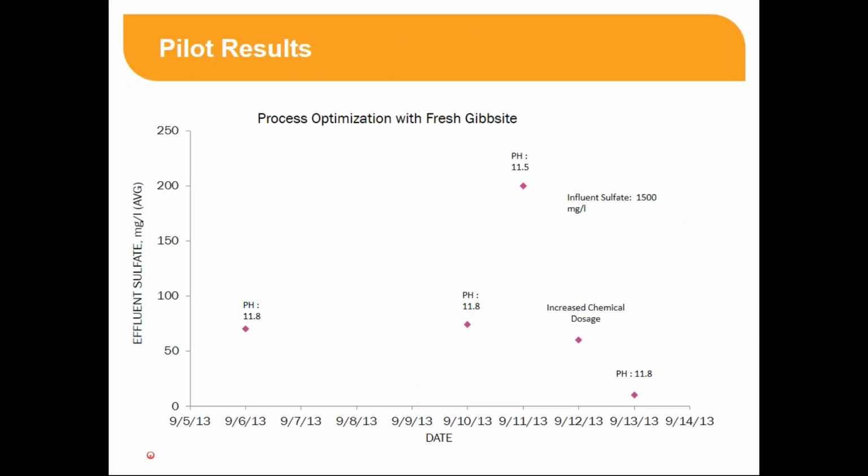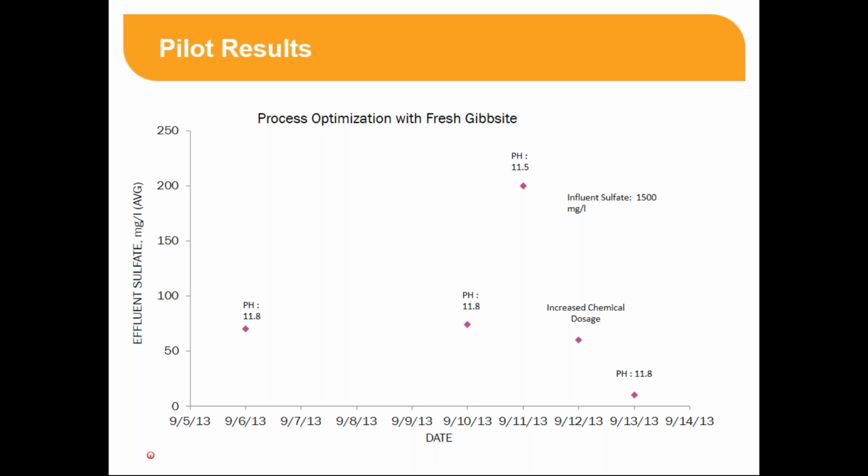So this is a pilot study for the advanced precipitation process, and the pH is a very, very important parameter. The typical pH for ettringite formation is around 11.8.